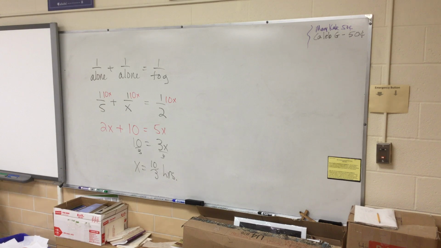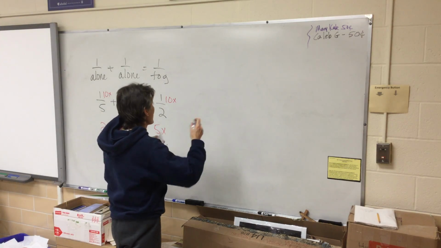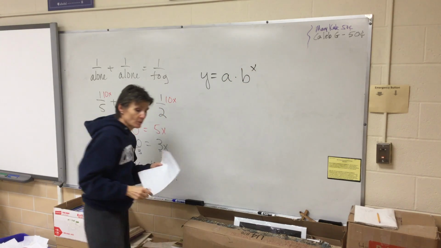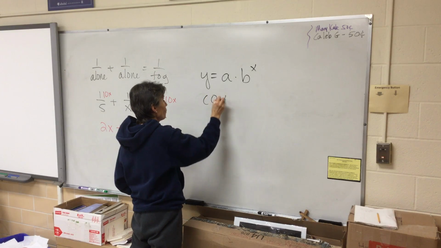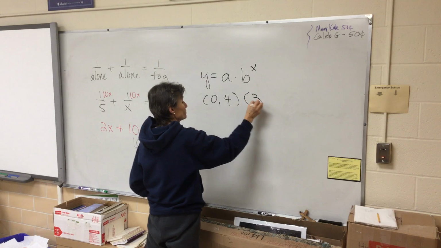Okay, next, write the equation of the exponential function. There you go, there's your exponential function, containing 0, 4, and 3, 32.